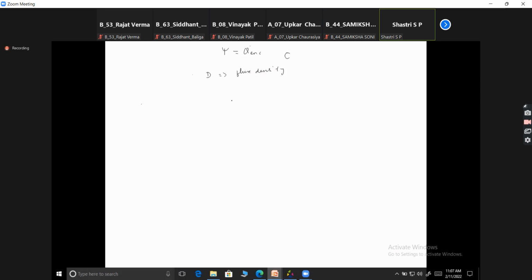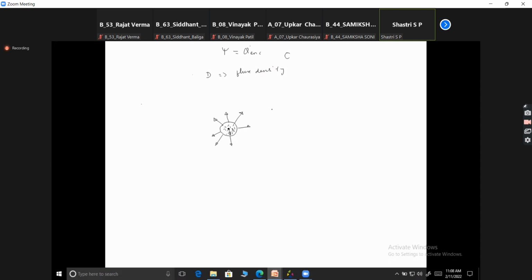Now let us consider there is a closed surface like this, and it contains an amount of charge, because of which the flux is coming out of this surface. For the sake of simplicity, we will consider that this is a spherical shell. It has got some radius R, right?